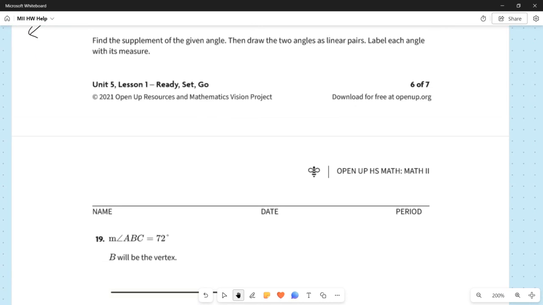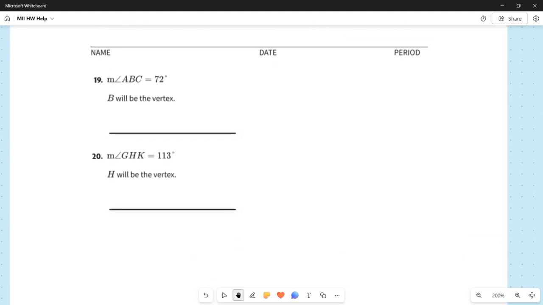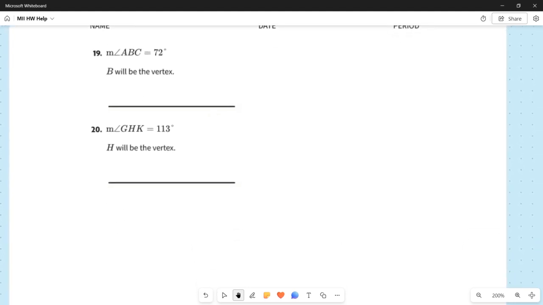Next set of directions say, find the supplement of the given angle. Then draw the two angles as linear pairs. Label each angle with its measure. So for number 19, we are told that the measure of angle ABC is 72 degrees, and B will be the vertex.